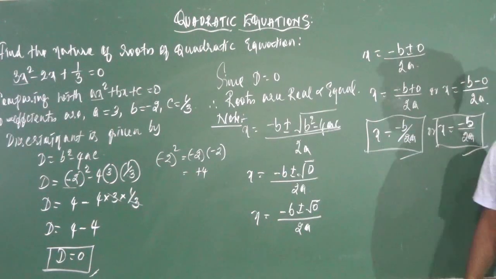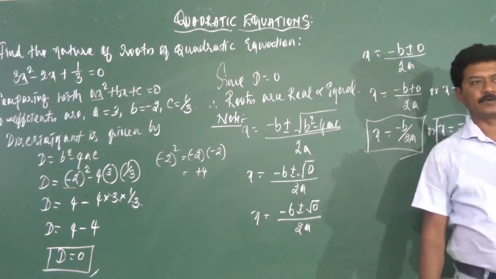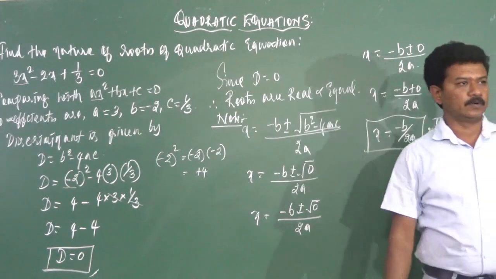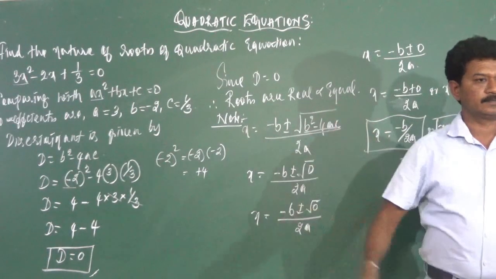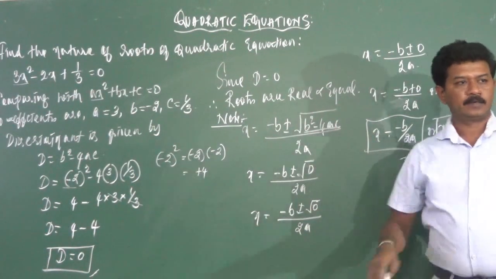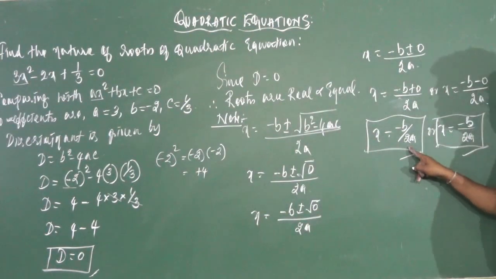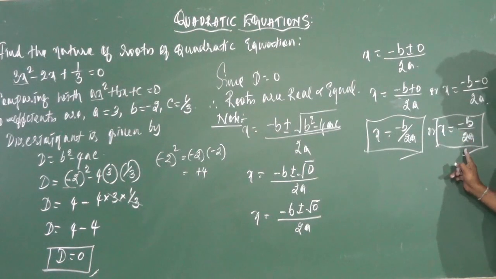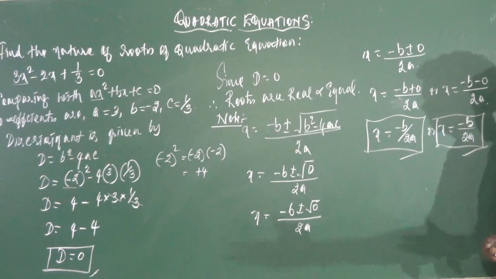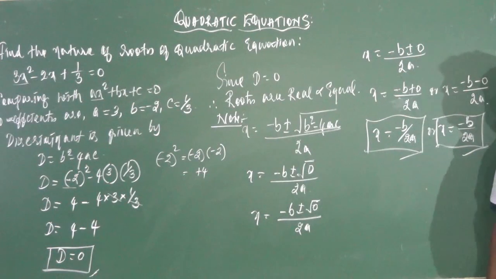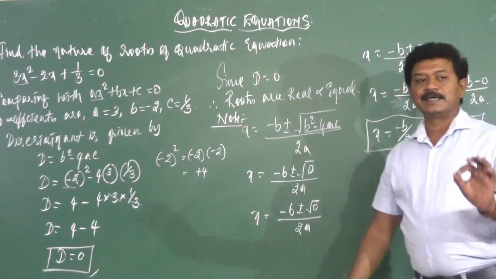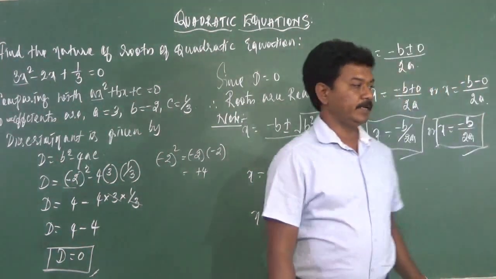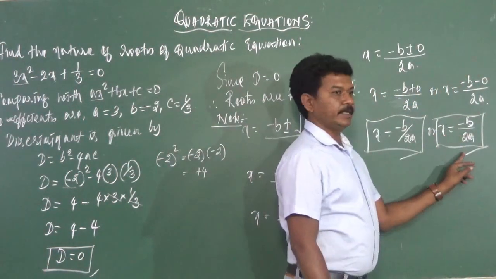They will ask you, in the quadratic equation ax square plus bx plus c is equal to 0, if discriminant is equal to 0, then the roots are, option A, and they will give you minus b by 2a, minus b by 2a, represented in the form of, right? You have to remember. So equal roots of a quadratic equation, the general form will be minus b by 2a and minus b by 2a.